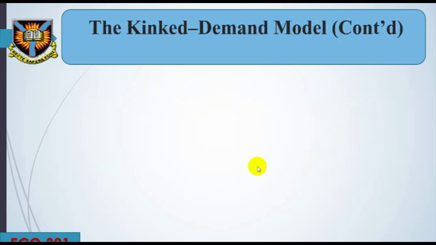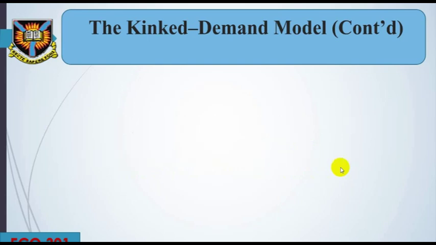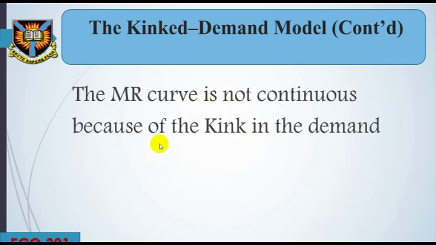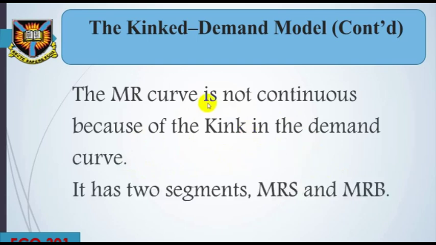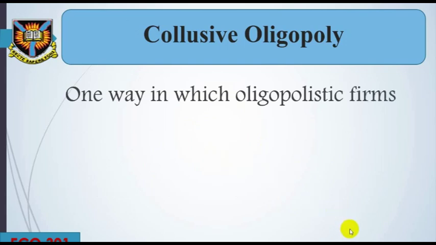The oligopolist's demand curve is given by curve DKD at price OP. The MR curve is not continuous because of the kink in the demand curve. It has two segments, MRS and MRB. Given that the firm's MC curve is CC, MR does not equate MC at any level of output.